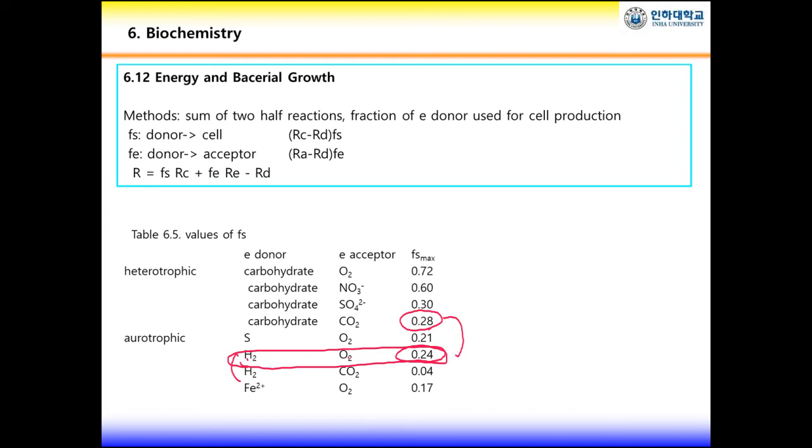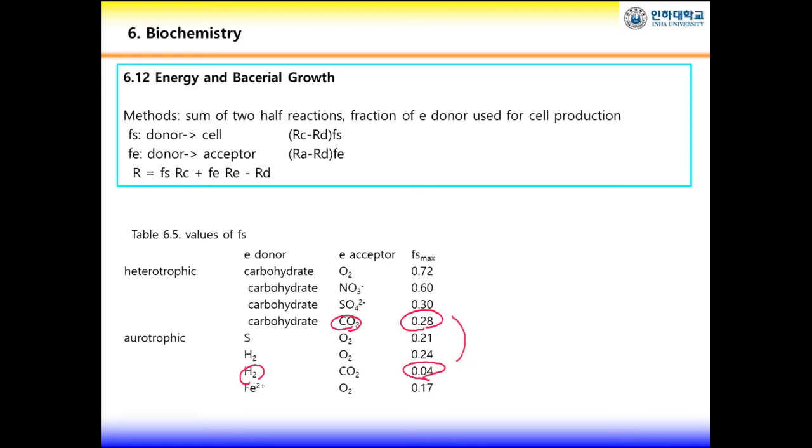So even though hydrogen is inorganic material, it contains a lot of energy, so the FS value is quite similar to the heterotrophic case. If you compare autotrophs and heterotrophs, say CO2, we have 2.28, and when hydrogen is used it is about 0.04, so there's a big difference.